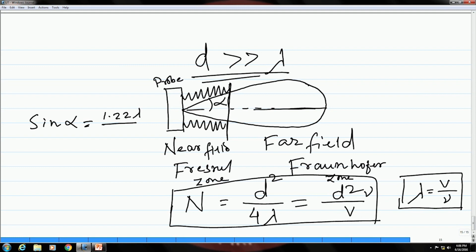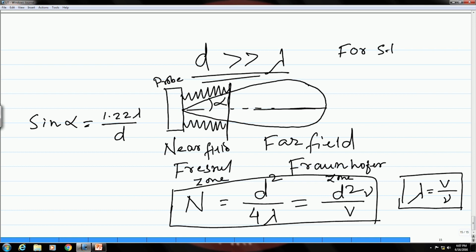So, this divergence angle alpha is given by this particular relationship. This is again dependent on the wavelength of the sound and the dimension or the size of the probe, and of course, it would depend on the medium through which the sound waves are traveling.